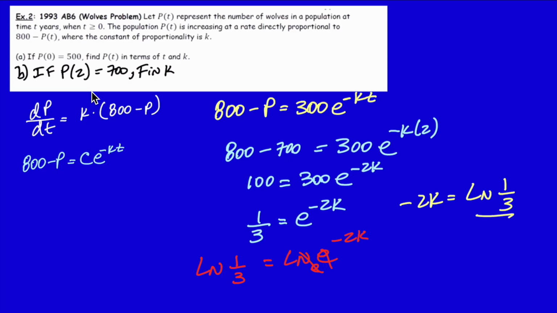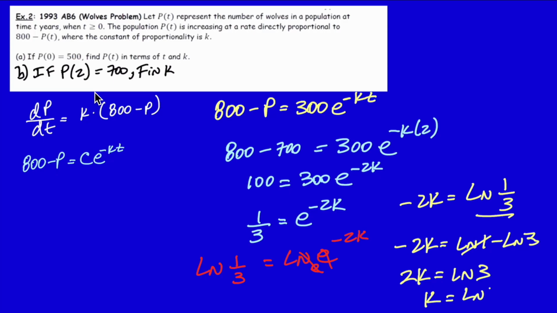Now, we can simplify that by saying negative 2k is going to equal the natural log of 1 minus the ln of 3. Natural log of 1 is 0, therefore we're going to have 2k equals ln of 3 when we multiply through the negatives, and finally k is going to equal ln 3 divided by 2.